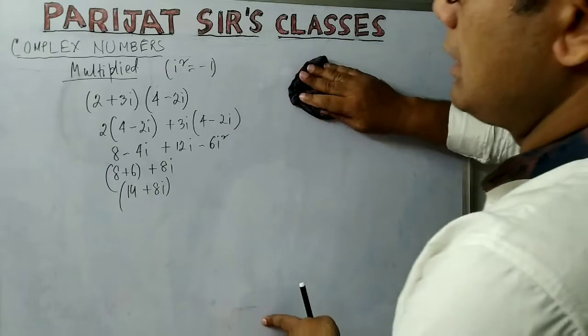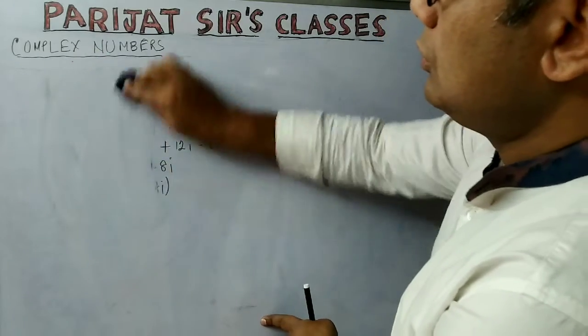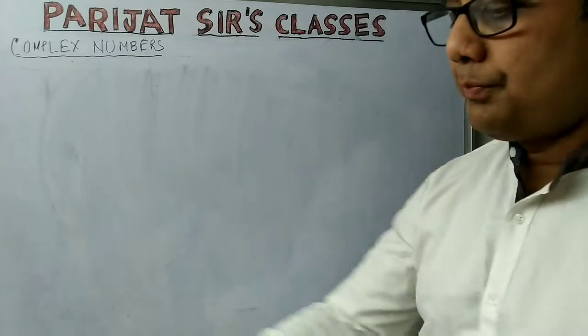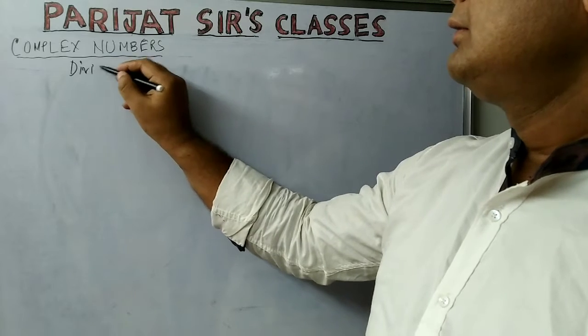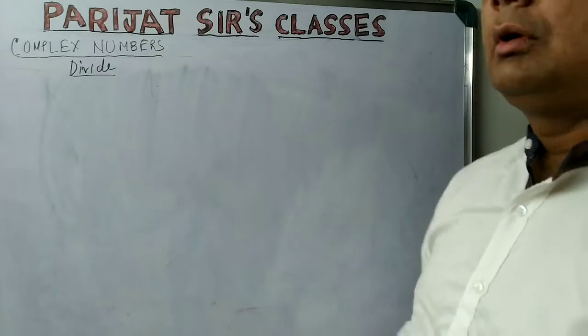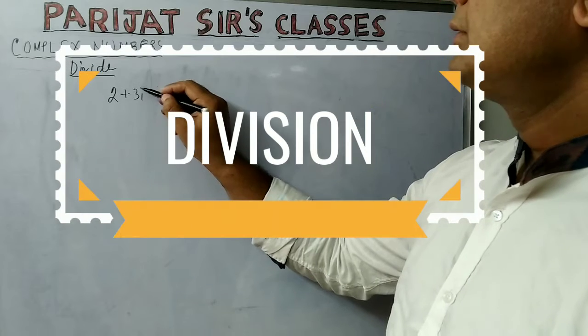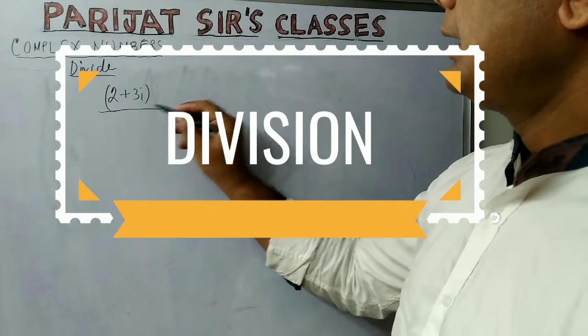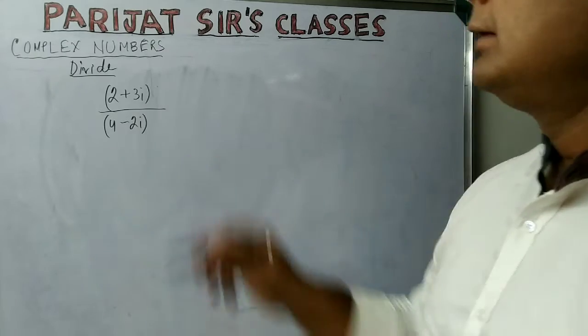Let me show you how complex numbers are divided. When you divide complex numbers, there is only a simple rule. Suppose I want to divide 2 plus 3i by 4 minus 2i.